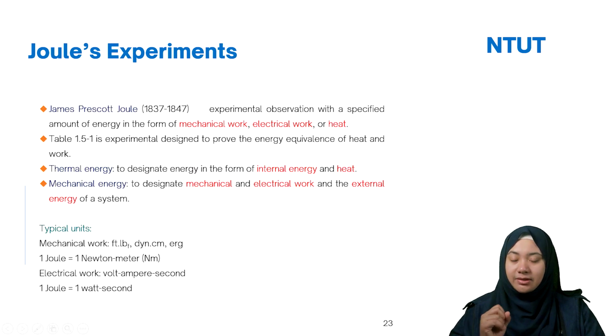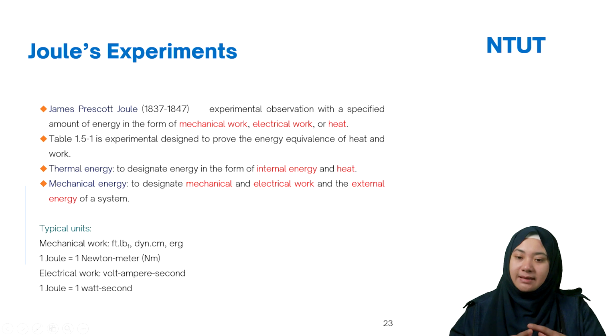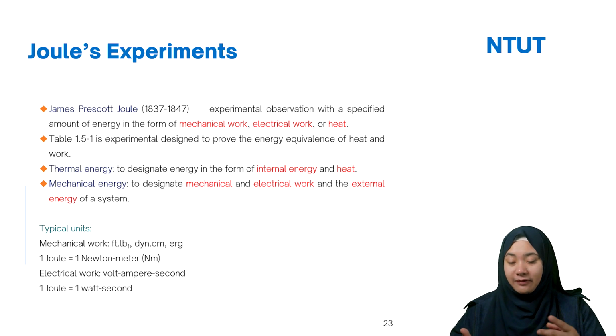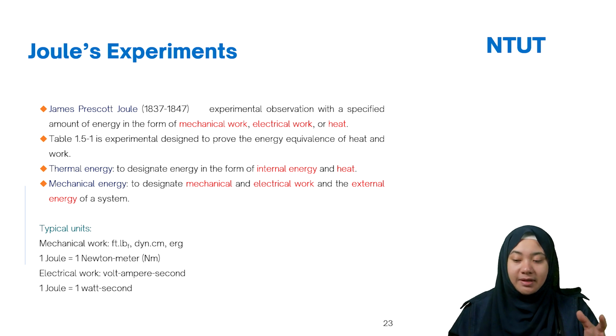And the other is Joule's experiment. This is about mechanical observations about the amount of energy. So we always use, for work, 1 joule, or for energy, mechanical work and electrical work, 1 watt per second. He did the experiments. I think in your textbook, Sandler, you can freely take a look at Sandler's Principles of Chemical, Biochemical, and Engineering Thermodynamics.